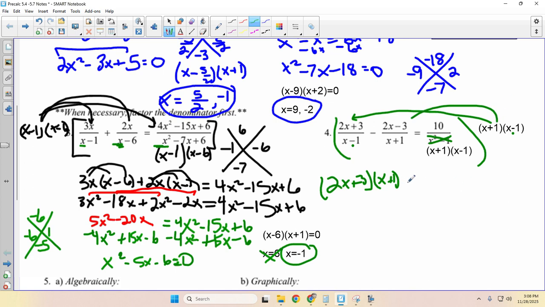Oh, sorry, minus. I'm going to put a bracket so I keep track of that minus. X plus 1 and x plus 1 cancel, but I get a 2x minus 3 times the x minus 1. And on the other side of this, I just get 10.